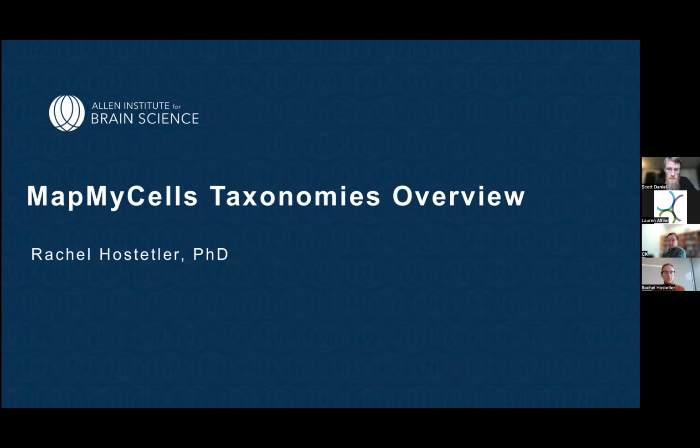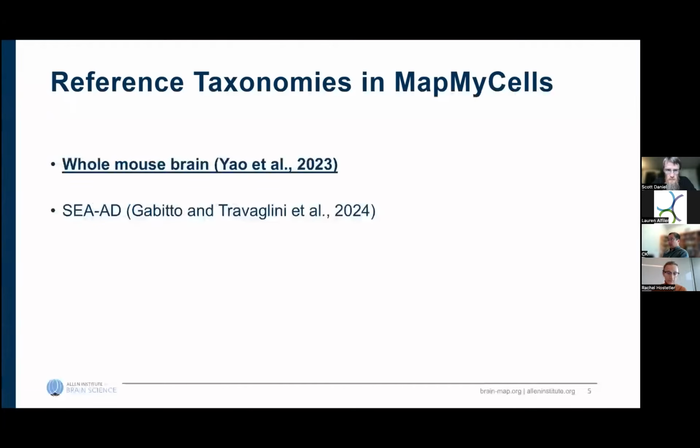A reference taxonomy is something that you can reference for your own work. Let's say you're doing your own transcriptomic work and you have some cells that you're studying and you're not sure what cell type they fit in or what characteristics they have. You can map your data using MapMyCells onto our reference taxonomy, which is a very robust, high quality, controlled taxonomy, to get a better understanding of your own data.